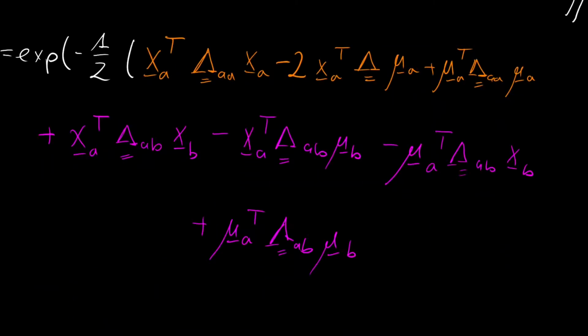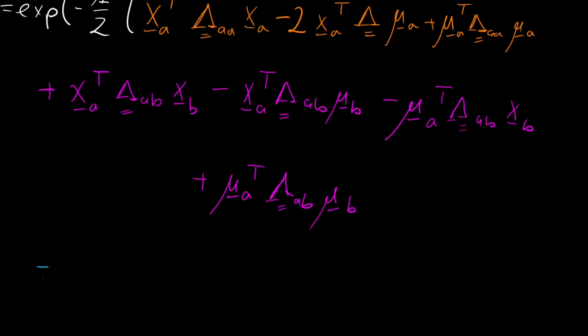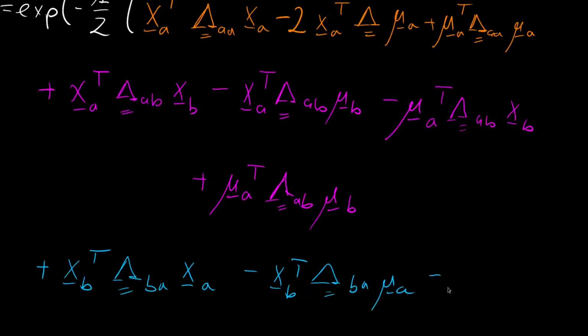Then we can go on to the next line where we would do this multiplication. So we have plus x_b transpose, then matrix lambda_ba times x_a, minus x_b transpose lambda_ba mu_a, minus mu_b transpose lambda_ba x_a.